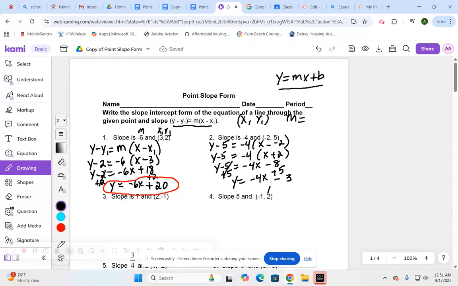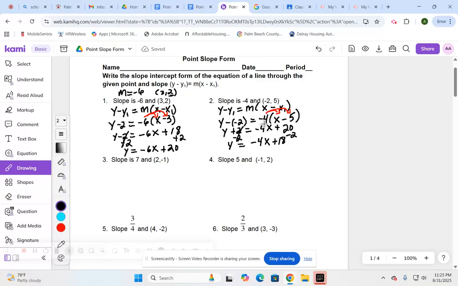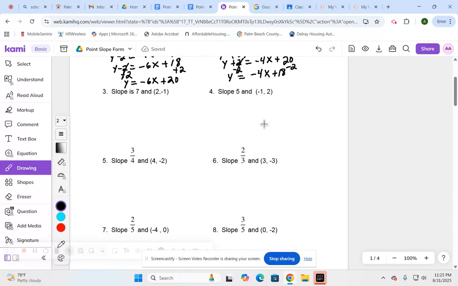I'll write it down here. y equals negative 4x minus 3. That's our answer in slope-intercept form. Why don't you try the next 2, 3, and 4, and then come back and check and see how you did. I will continue.